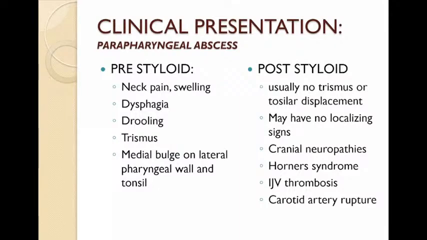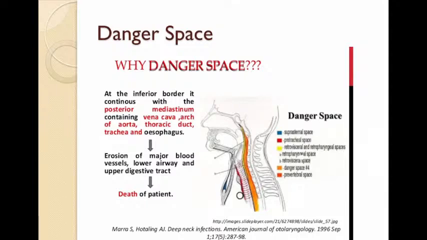In post-styloid, you get cranial neuropathies, Horner syndrome, internal jugular vein thrombosis, and carotid artery rupture because of infection. It's not very common, but it's very devastating when you do get it. But with a high index of suspicion, you'll be able to pick them up, and they're easy also to deal with. So there's a danger space.